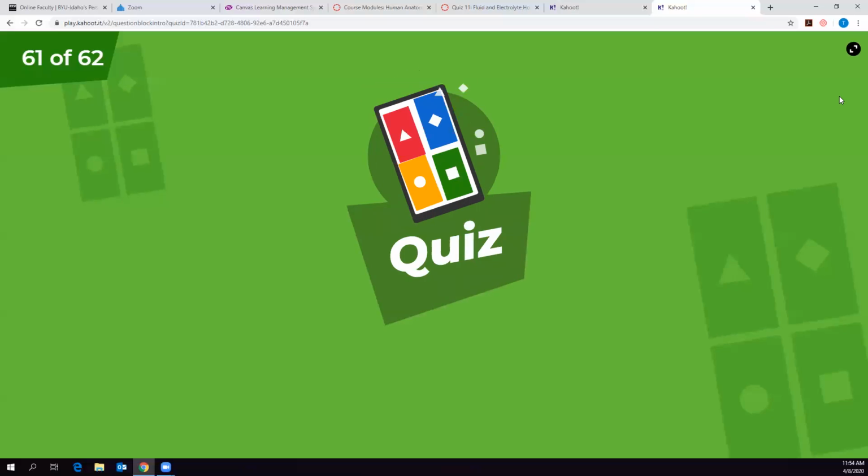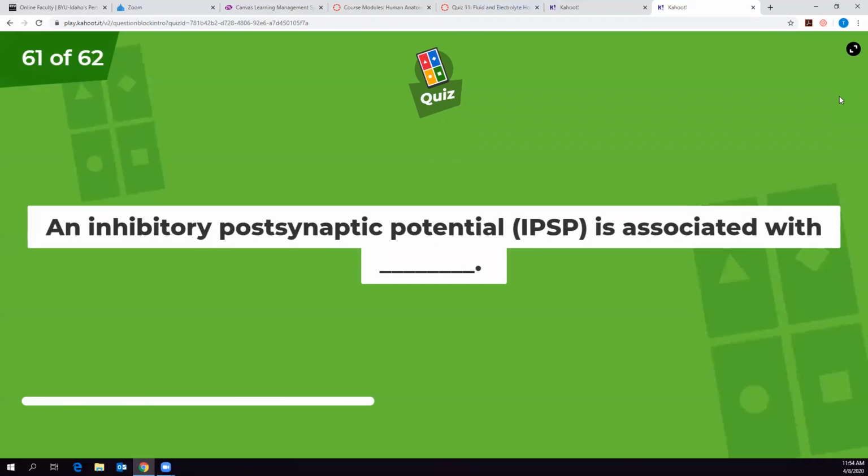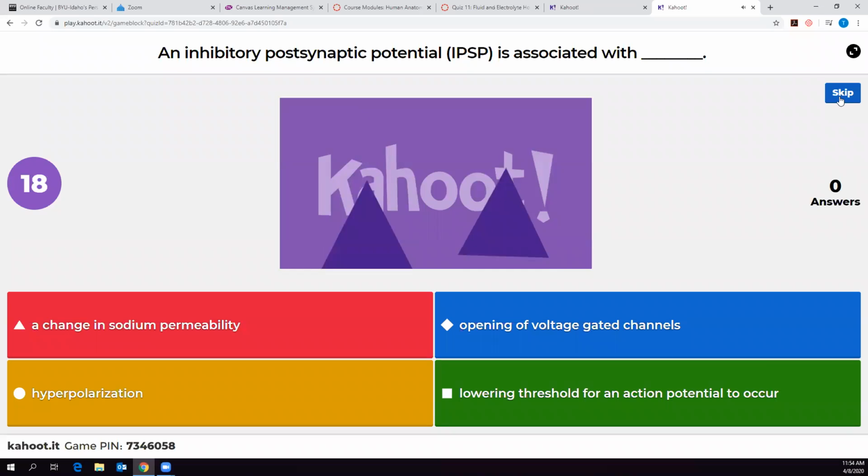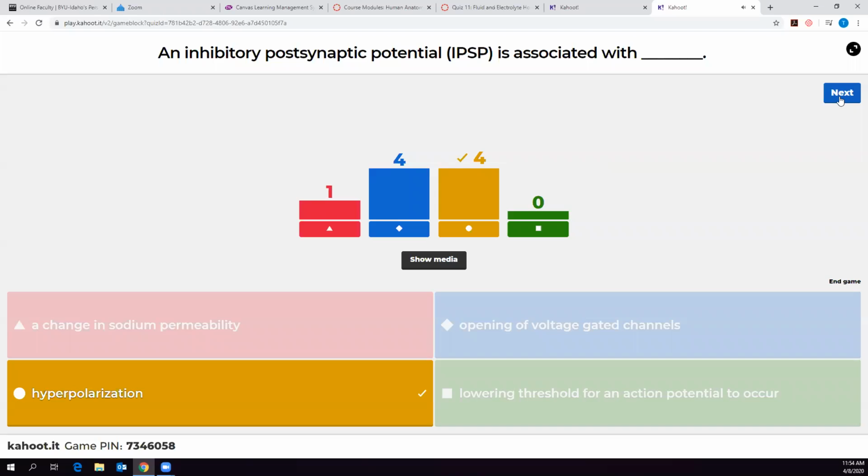Okay, two more. An inhibitory postsynaptic potential is associated with, so how is it going to be inhibitory? Yes, hyperpolarization. We're not going to open voltage gated channels.